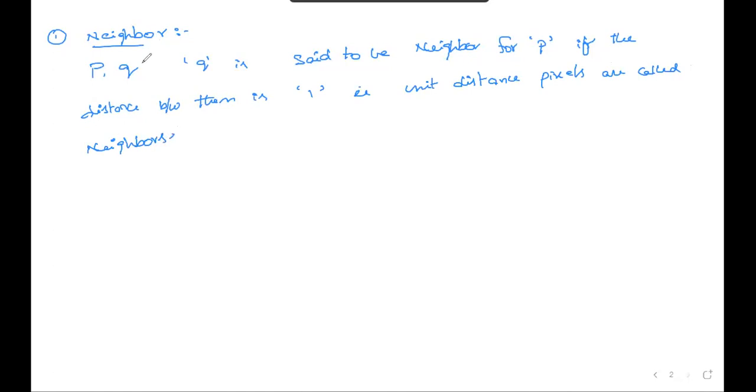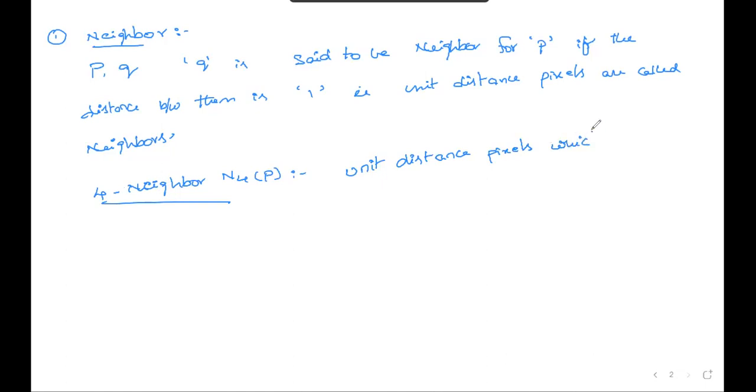These neighbors are classified into three types. First, four neighbor, denoted as N4 of P. Four neighbor means unit distance pixels which are at the horizontal and vertical axes.